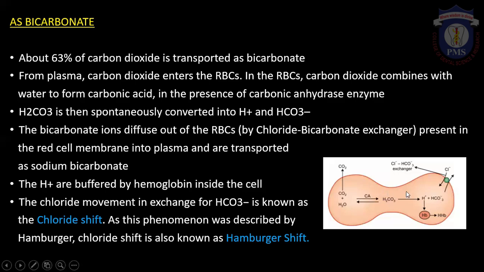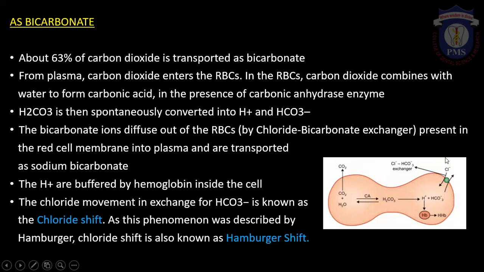I repeat, the bicarbonate that is formed within the RBC is eliminated into the plasma via the bicarbonate chloride exchanger, and there the bicarbonate combines with sodium to form sodium bicarbonate and is finally transported. So this entire process helps in the formation of bicarbonate ion and for the transport of carbon dioxide in this form. This is a major form of transportation of carbon dioxide.